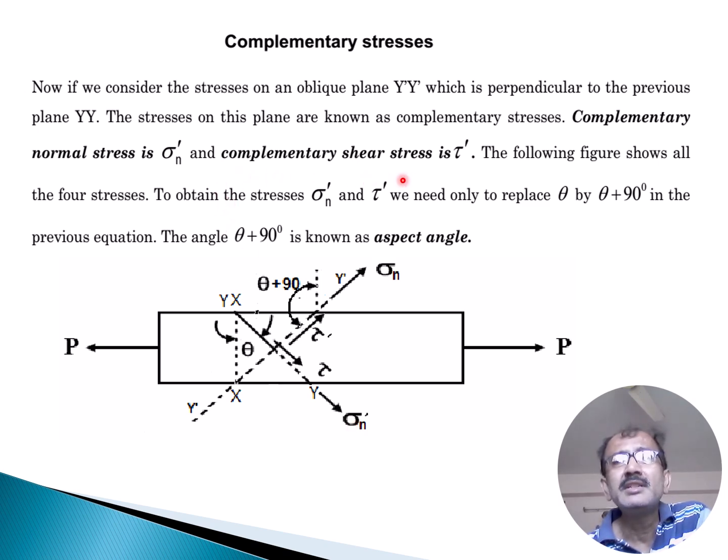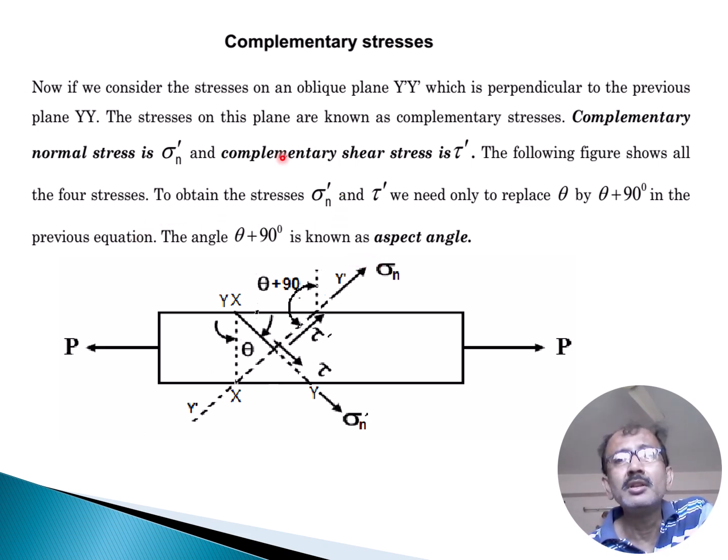Similarly, the complementary shear stress is tau dash, the shear stress that exists on this YY plane. The following figure shows all four stresses: the normal stress, shear stress, as well as the complementary normal and shear stresses.